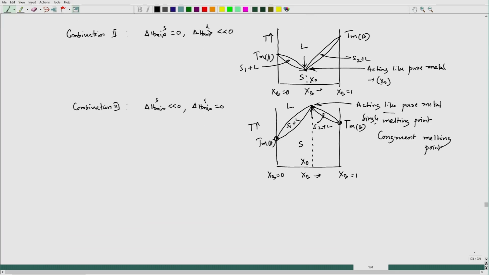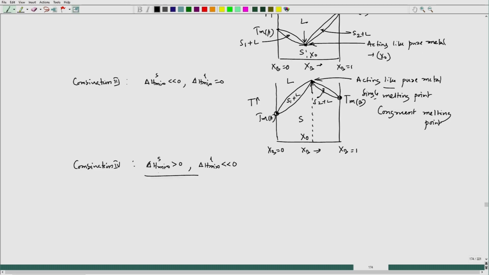So, now in combination 4, we have seen delta H mix for solid is greater than 0 and delta H mix liquid is less than 0. One other combination was where this value is greater than 0.